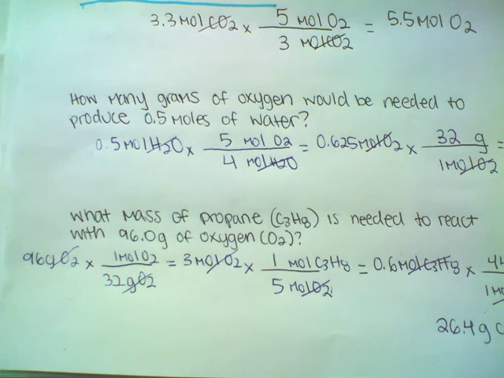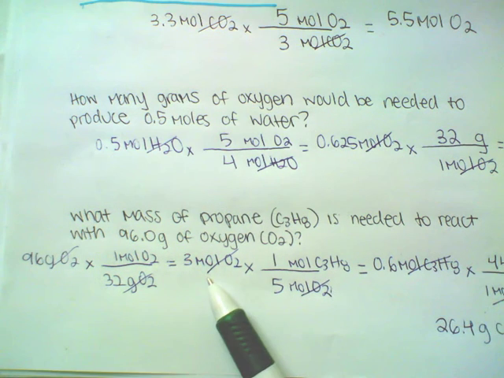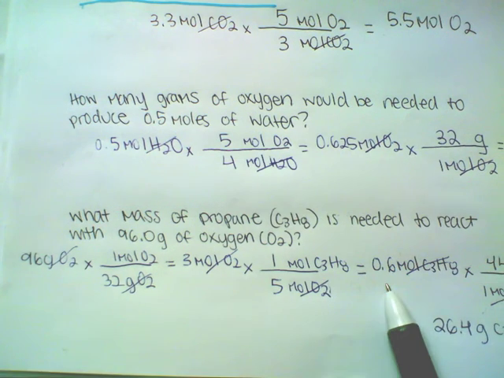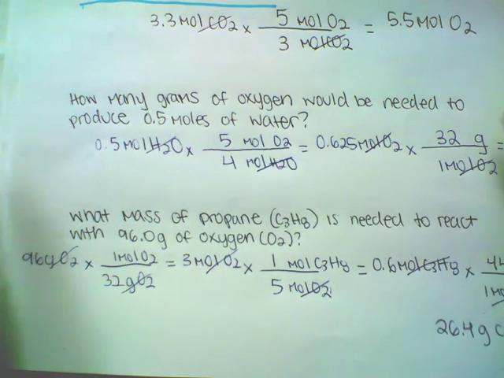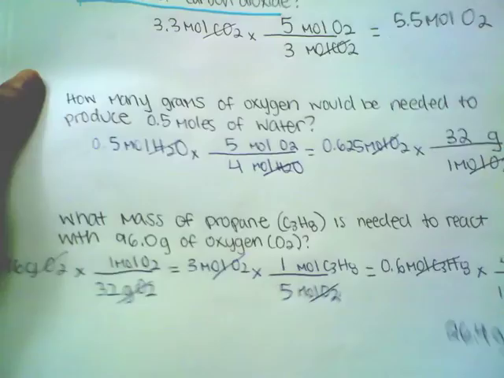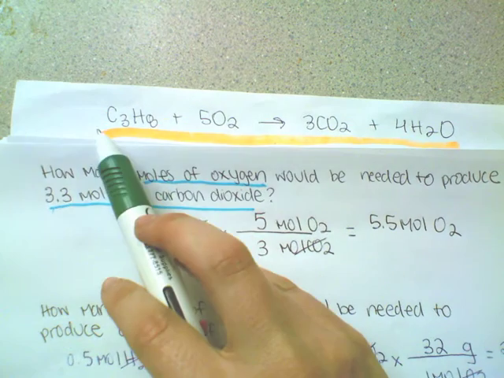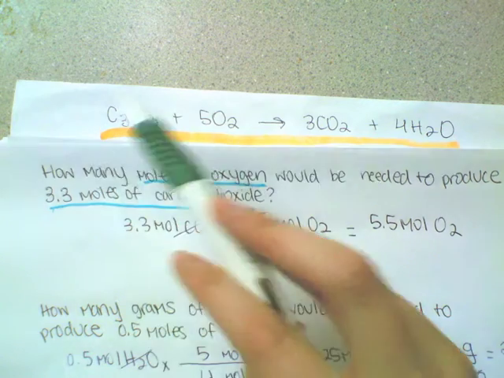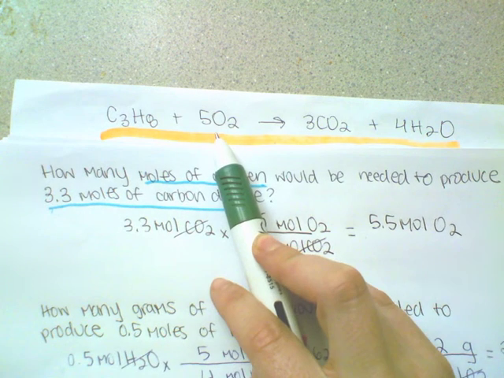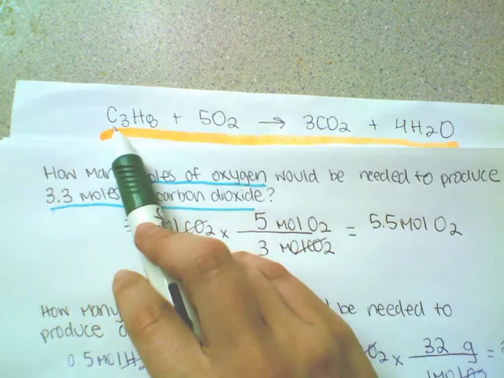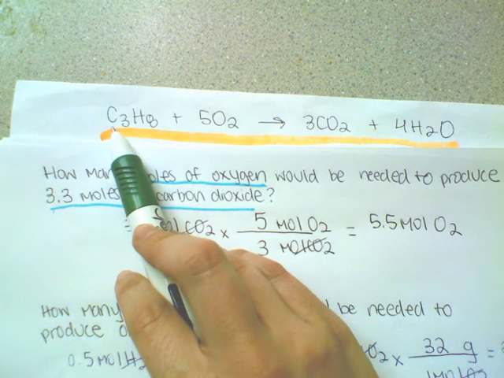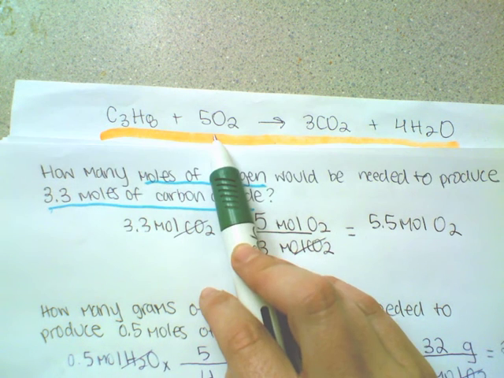So notice if we're putting in 3 moles of oxygen, I decided I only need 0.6 moles of propane. And that should make sense when you look back at the balanced equation. We only need 1 mole of these for every 5 moles of this. So we need to put in fewer moles of propane than we need to put in oxygen.